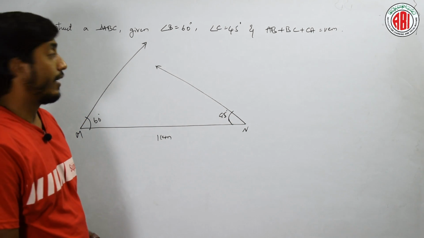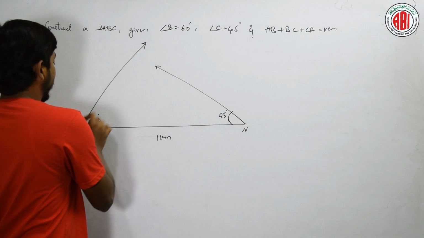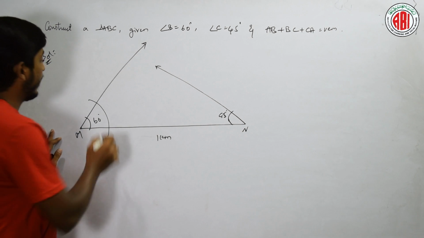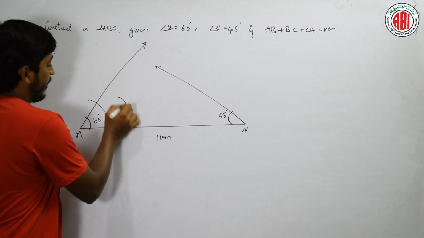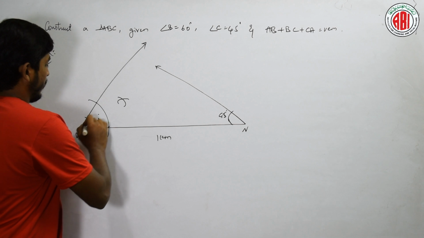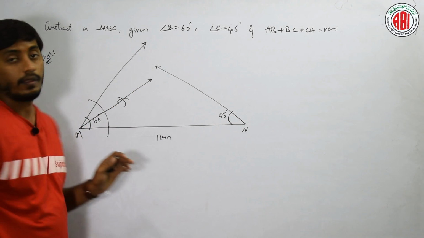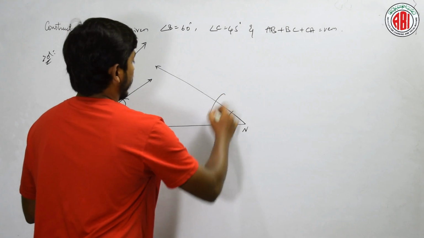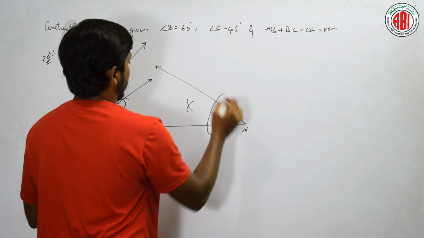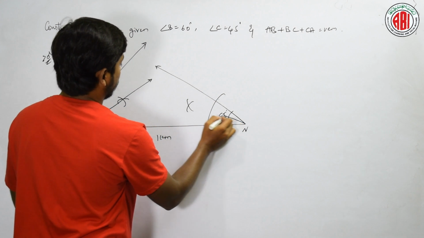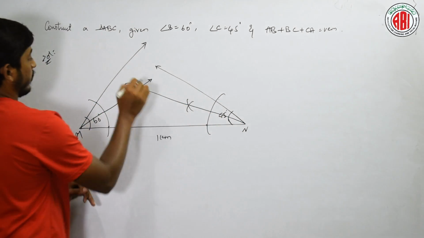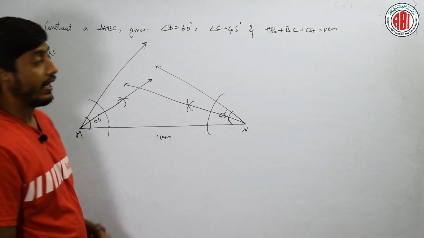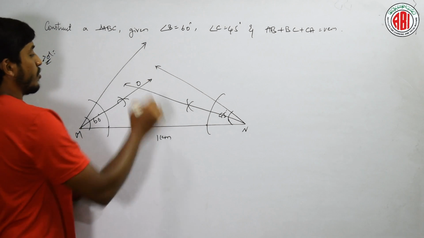Next, draw an angular bisector. Angle with this as center, join these both. Okay. Here also with this, join these both. Is it clear? Now, let us mark this point as O.